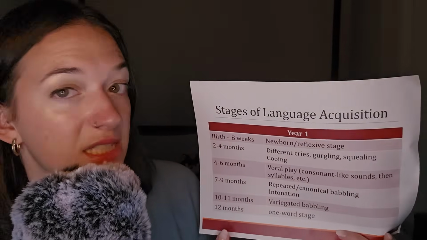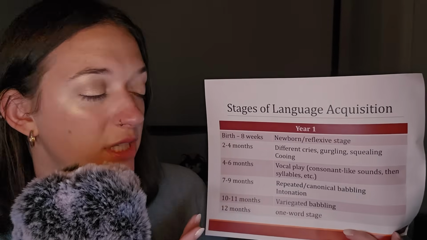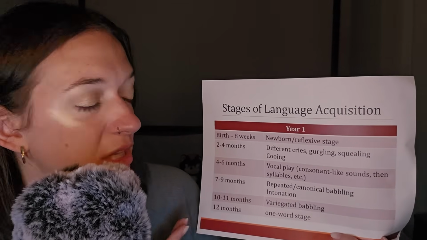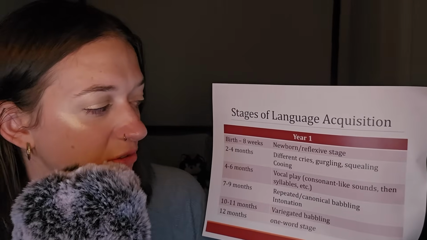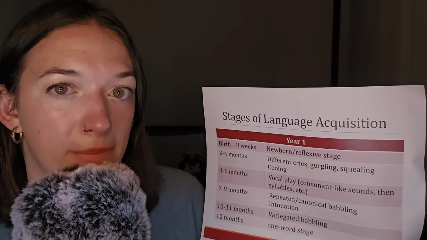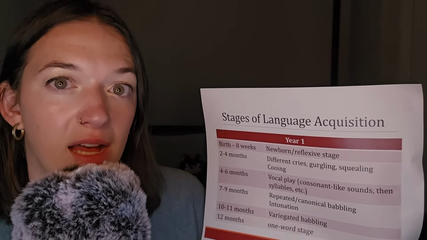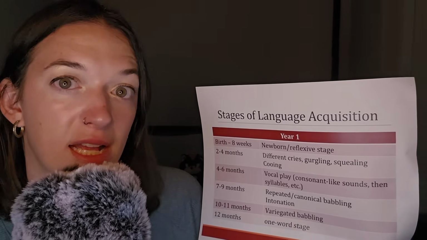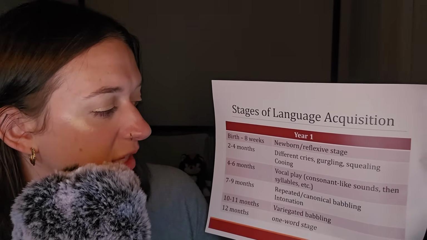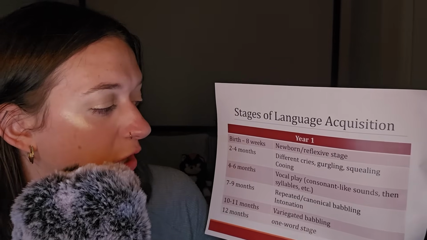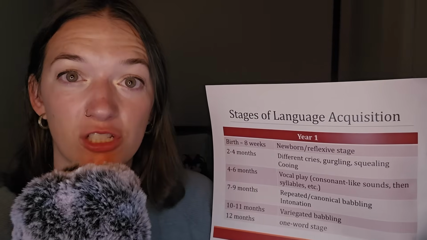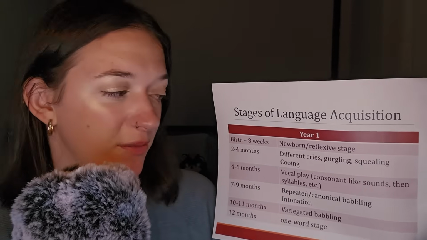At 4 to 6 months, children exhibit what we call vocal play. So these are consonant-like sounds and then syllables: ba, ma, pa, ra, ta, etc. 7 to 9 months, there is repeated or canonical babbling, which also starts to show intonation.